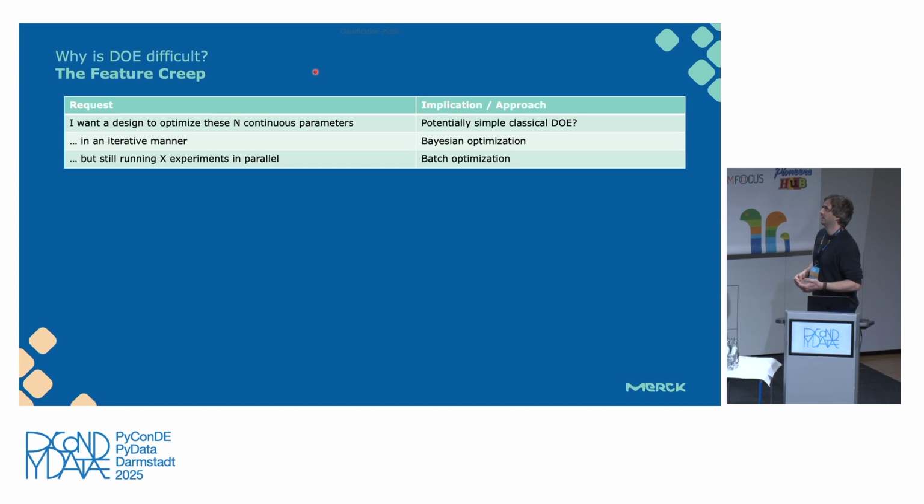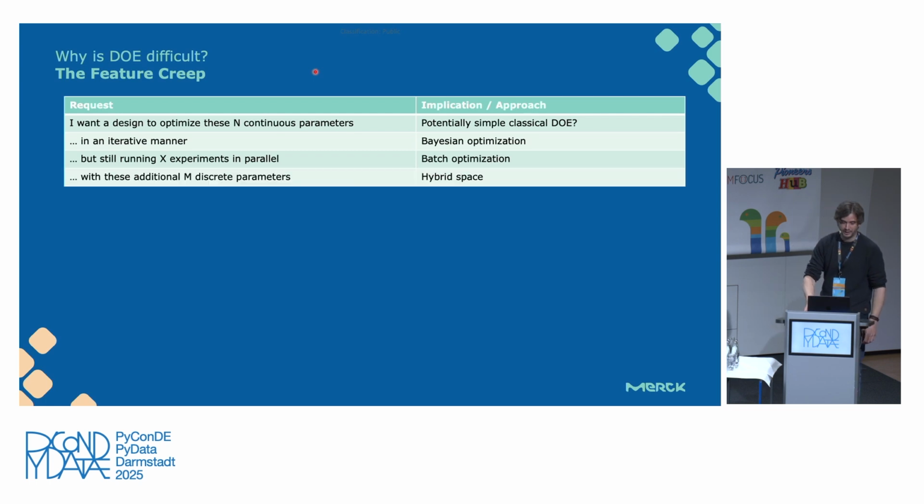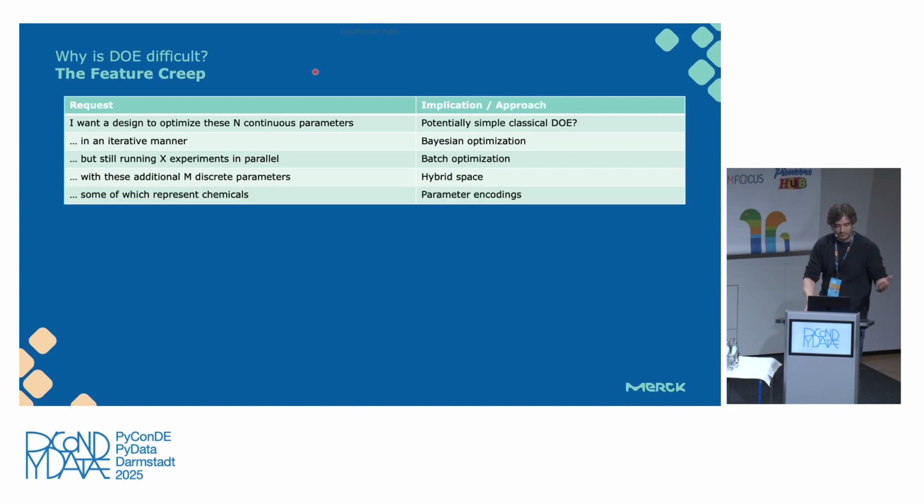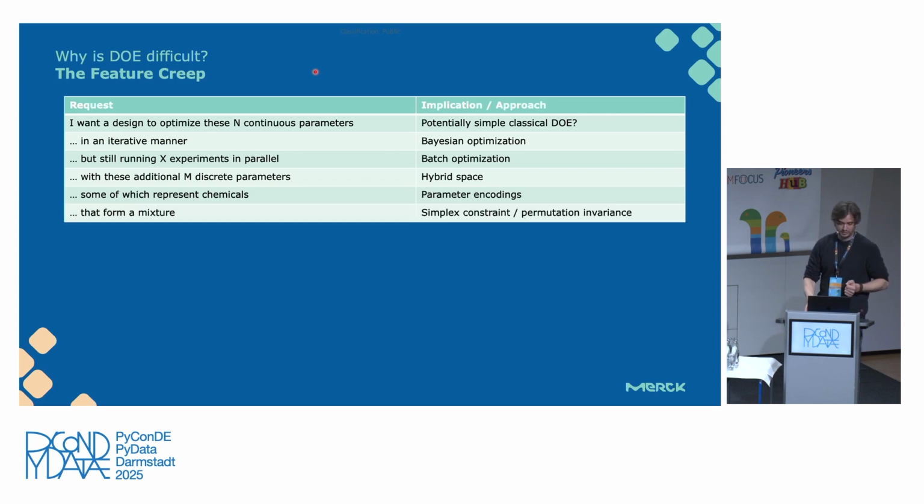Say you want to run things in an iterative way, but in each iteration you want to run experiments in parallel, always in batches of 10. Suddenly you need to think about batch optimization. Martin mentioned it: sometimes you have discrete parameters, and suddenly your optimization problem becomes a mixed integer problem. You have to operate in hybrid spaces. Some of your parameters might be chemicals, and you need to think about the parameter encodings that Martin showed.